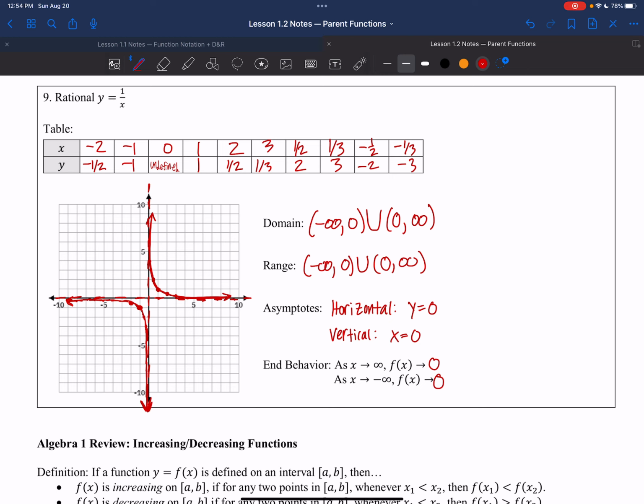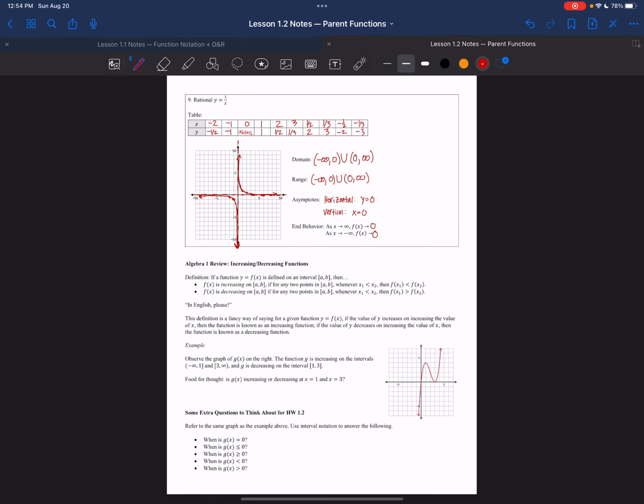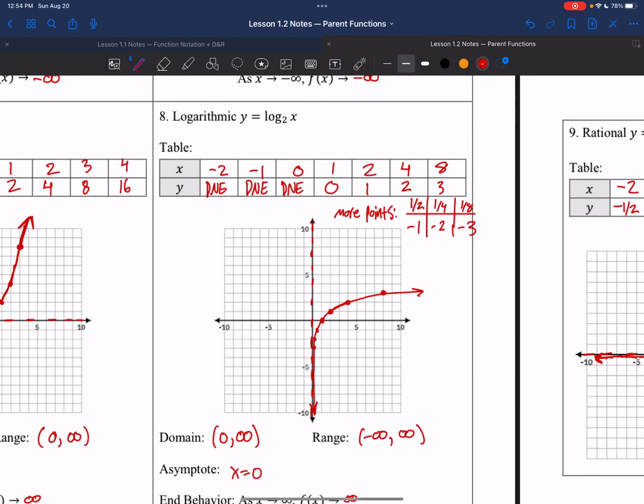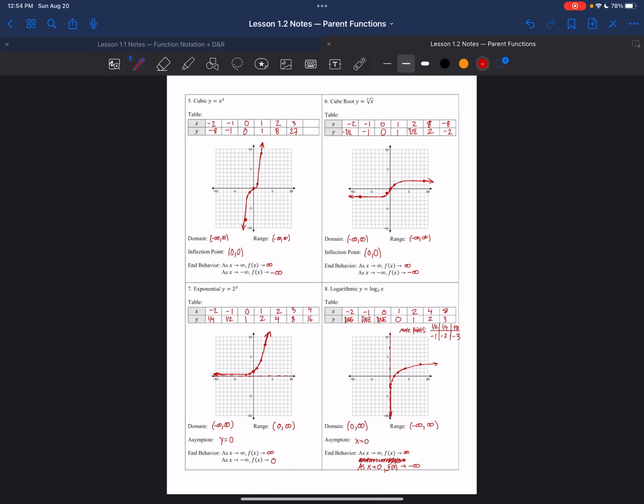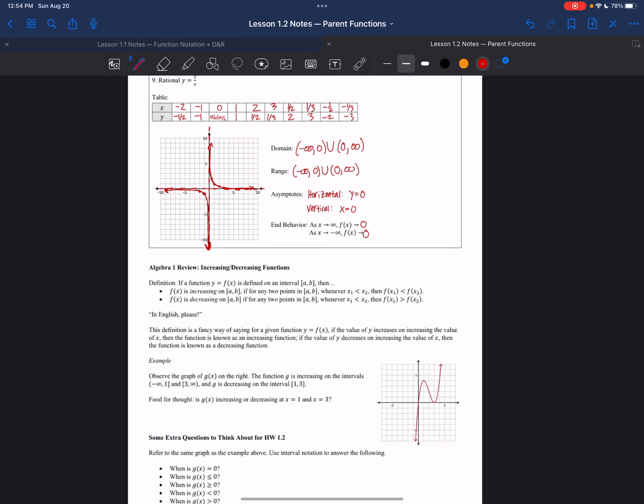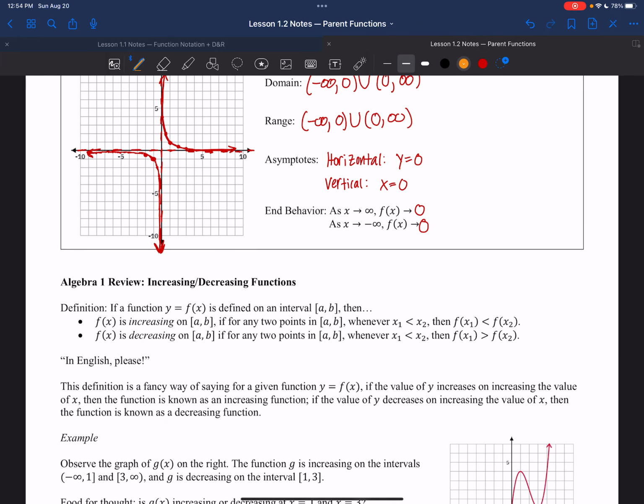Okay. Now, before I end the video, because I'm about to, because it's Raising Cane's time, baby. Before I end the video, rational and logarithmic are not a major focus, okay? Let me put that in yellow.